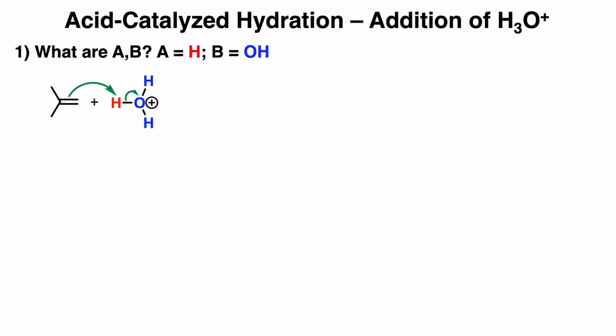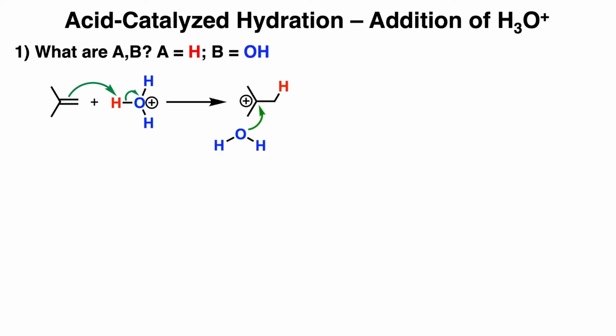The second reaction is called an acid-catalyzed hydration, which is the addition of water in the presence of an acid. For this reaction, A is a hydrogen, as shown in red, and B is an OH group. In the following example, the first arrow is drawn from the middle of the pi bond going towards the hydrogen of H3O+, and a second arrow is drawn from the H-O bond going towards the oxygen atom to form a new lone pair of electrons.